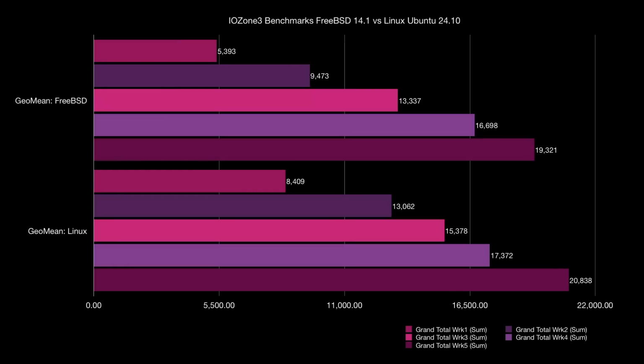And then for Linux, we'll call it 8,400 megabytes per second. So clearly, yeah, Linux won that one. Linux wins the second, the third. The fourth is pretty close, although not really close. And it's not too far apart on the fifth. So FreeBSD is not radically slower.